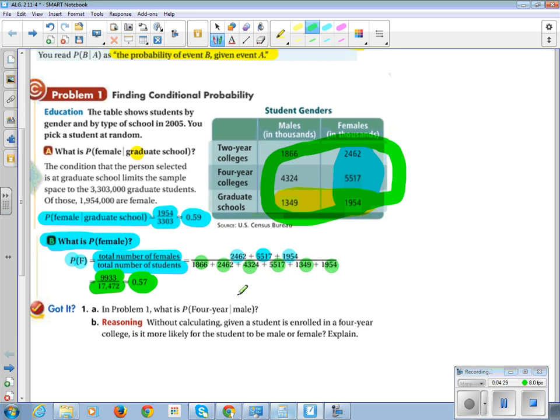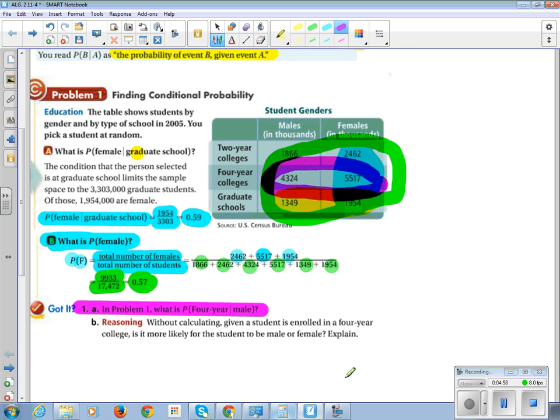All right, now it's our turn. So you guys are actually going to do this problem. In problem 1, what is the probability that you're in a 4-year college and male, given that you're a dude? So we need to total up everybody in a 4-year college.